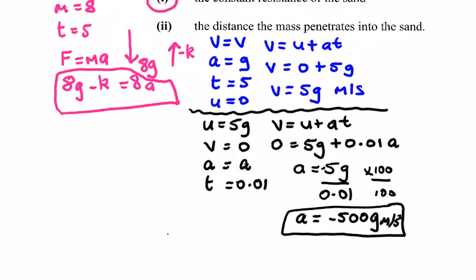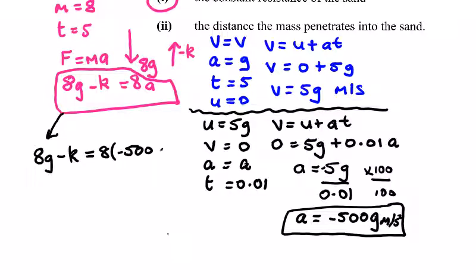So now, what have we got? We've got enough to fill in our forces. 8g minus K. We have a, so 8g minus K is equal to 8 times minus 500g. Bringing K to the right to make it positive, we're going to get 8g plus 4000g.